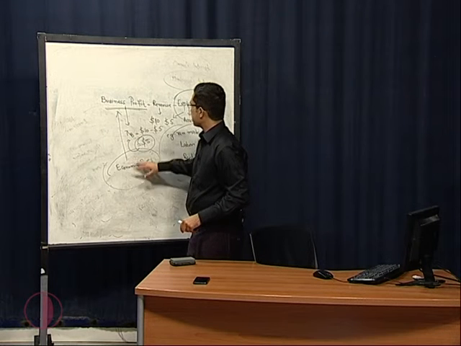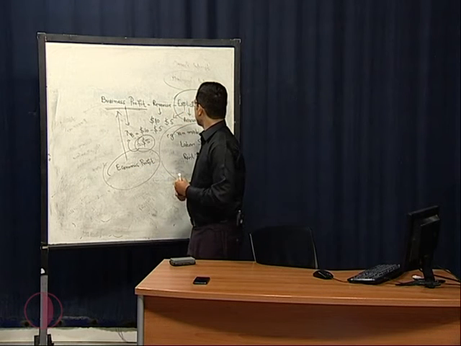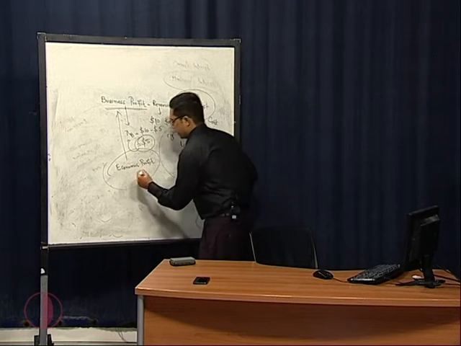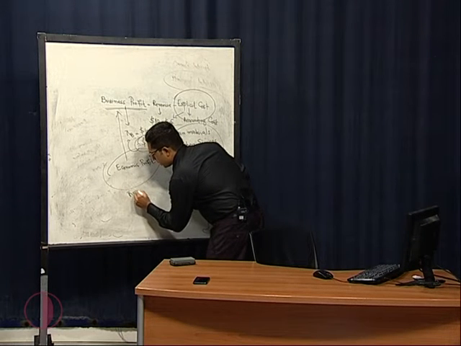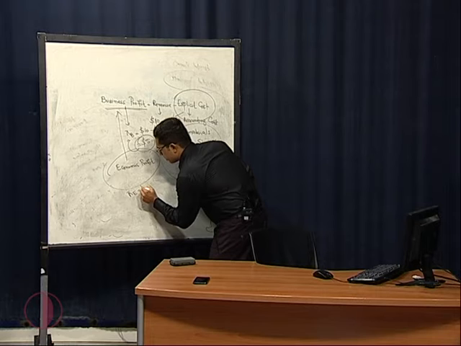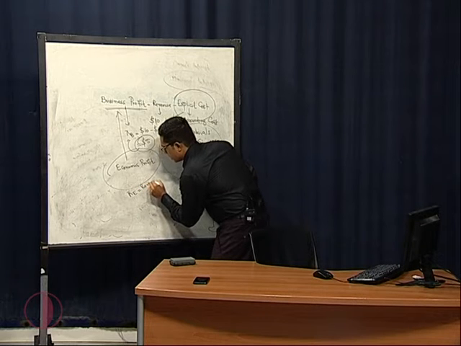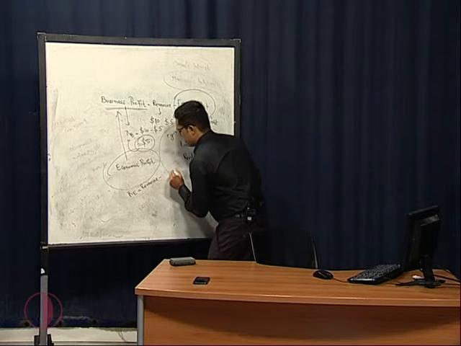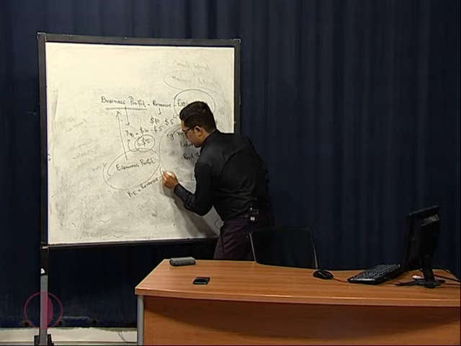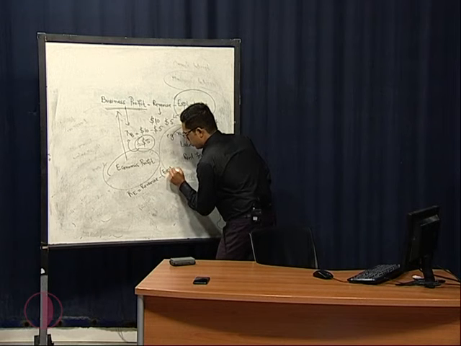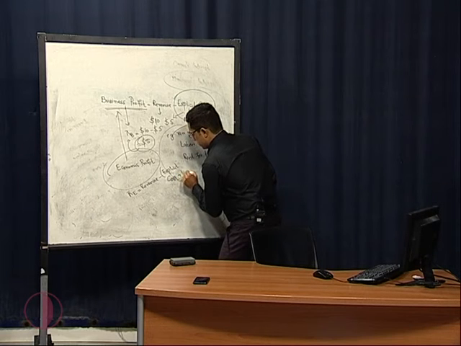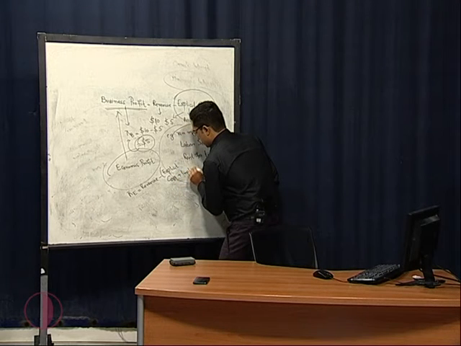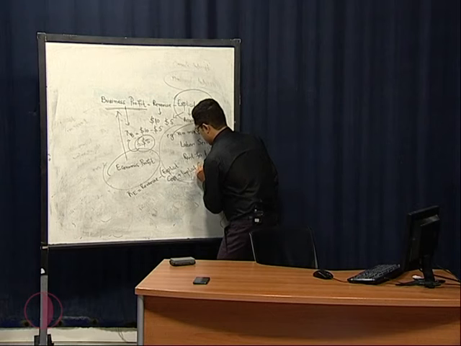Economic profit doesn't mean revenue minus explicit cost only. For economists, economic profit is equal to revenue minus explicit cost plus implicit cost.